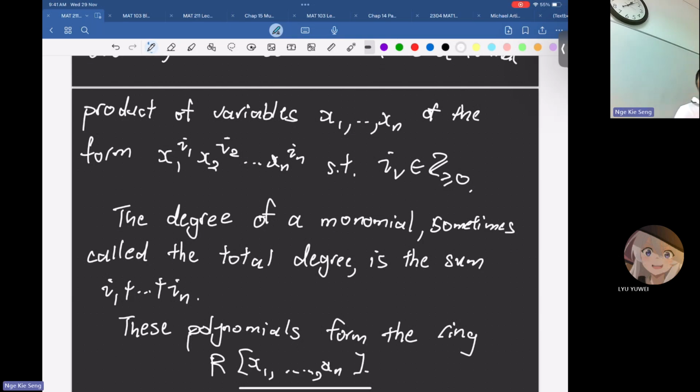I think I know where the confusion comes from, because maybe we skipped one definition. This is the degree of a monomial. Just now we defined the degree of a polynomial.